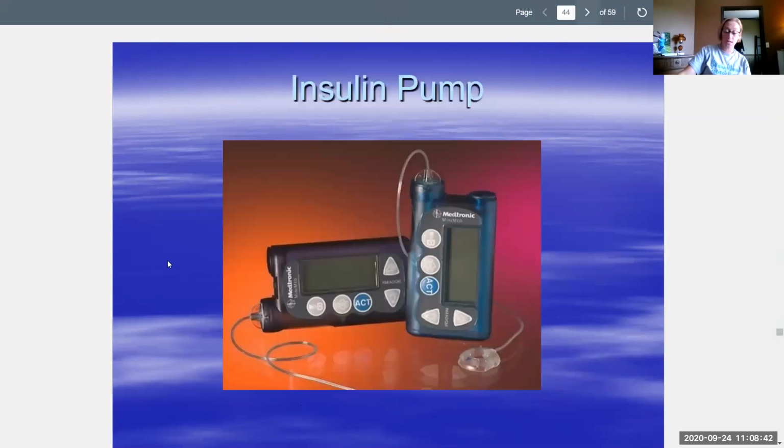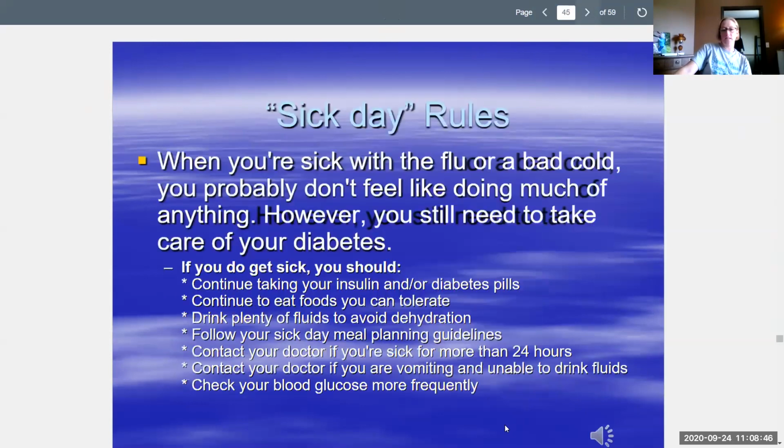Oh, sick day rules. That's another important thing that you guys want to refresh on. As far as education, we know education is always important, especially with diabetes and management, diet selections, those types of things. But their sick day rules are important. What do they need to do if they're sick? They should still continue taking their insulin, their diabetic pills, eat foods they can tolerate, lots of fluids, sick day meal planning guidelines, contacting the doctor if they're sick for more than 24 hours, or if they're vomiting and unable to drink fluids.